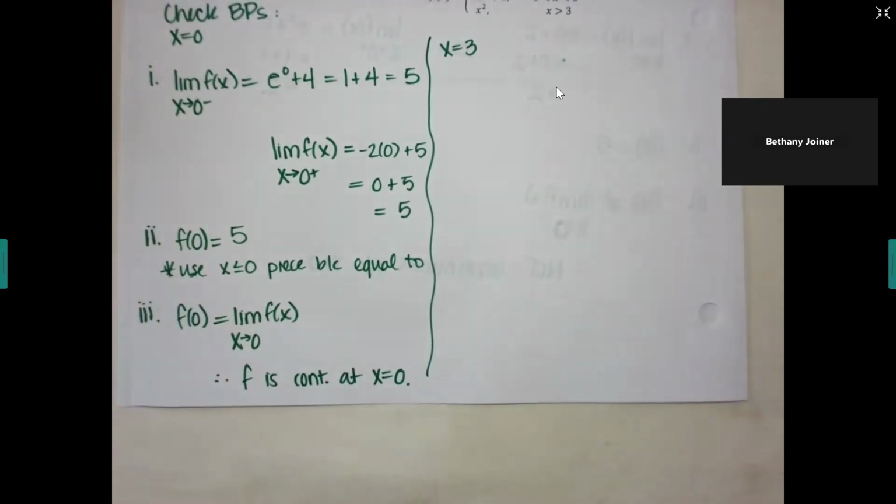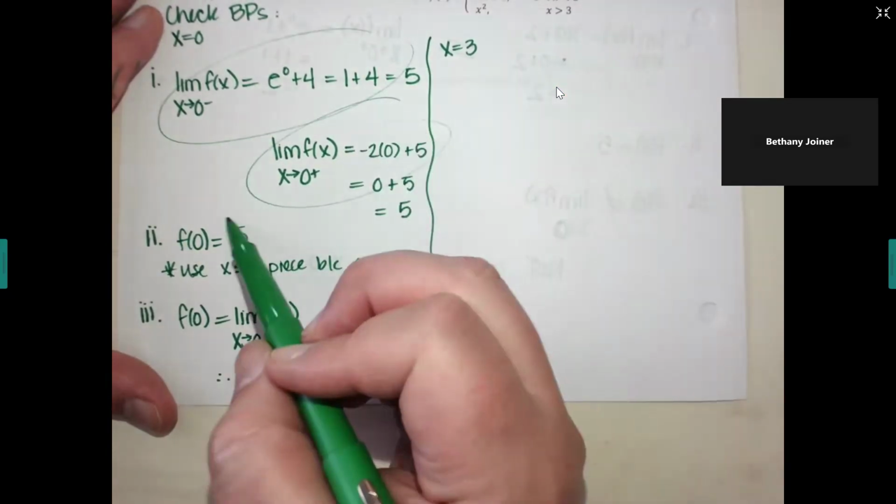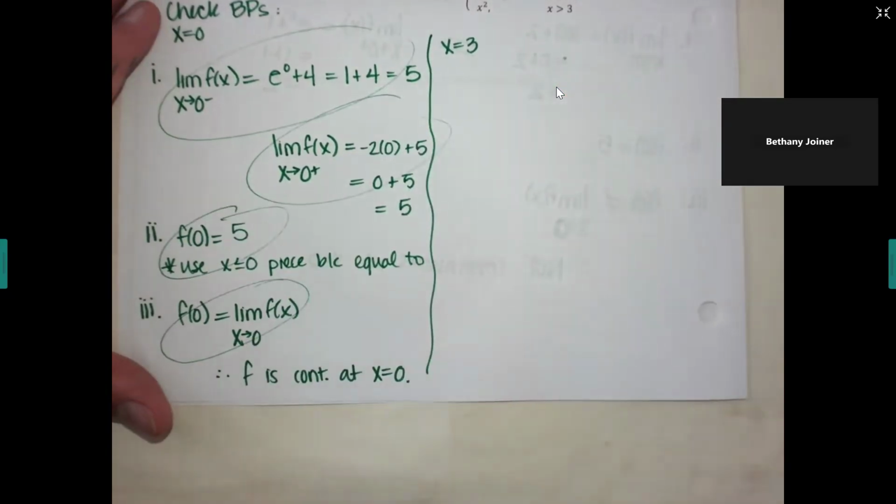Okay, but notice we're only really having to check where problems could come up. That's going to be at your breakpoints. All right, do the same thing for 3 right next to it. So you're going to do your left and right sides, check your y value, and then make sure they match.